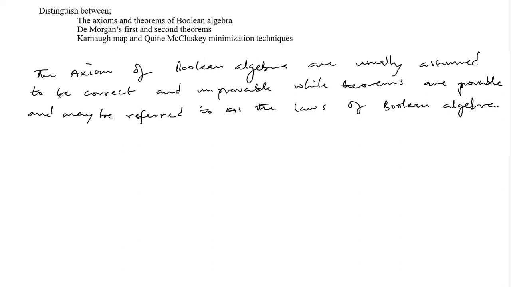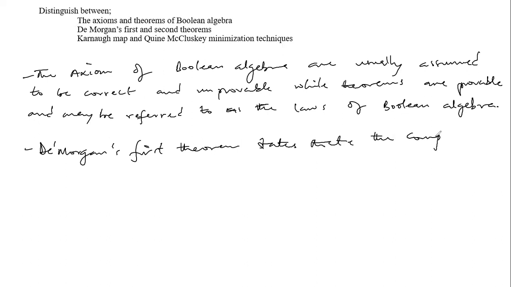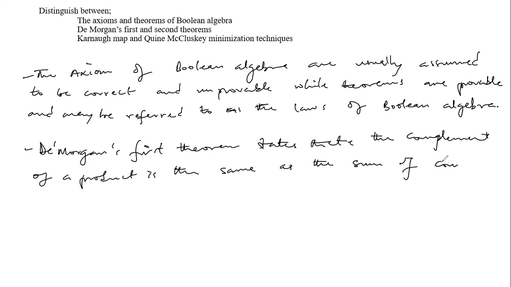And then you have De Morgan's first theorem and De Morgan's second theorem. Now, De Morgan's first theorem says that the complement of a product is the same as the sum of complements.